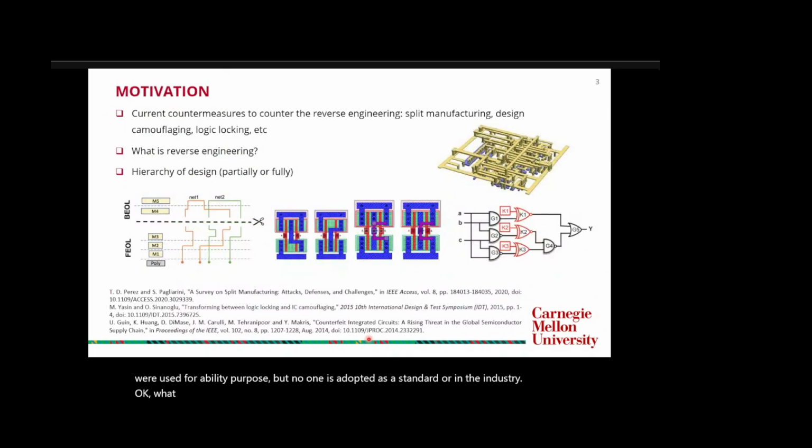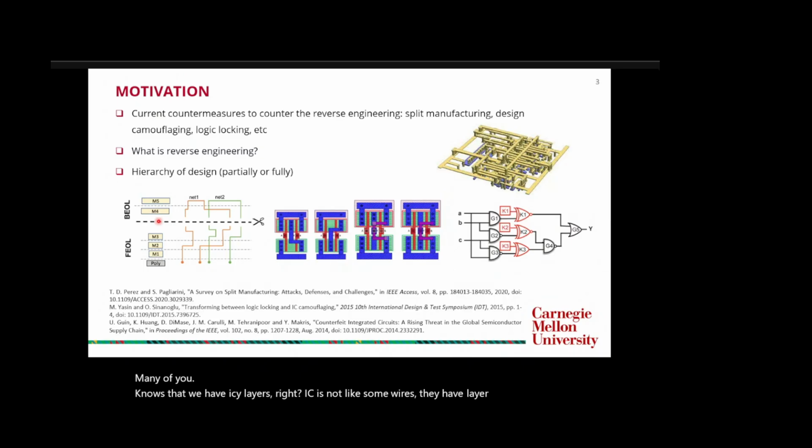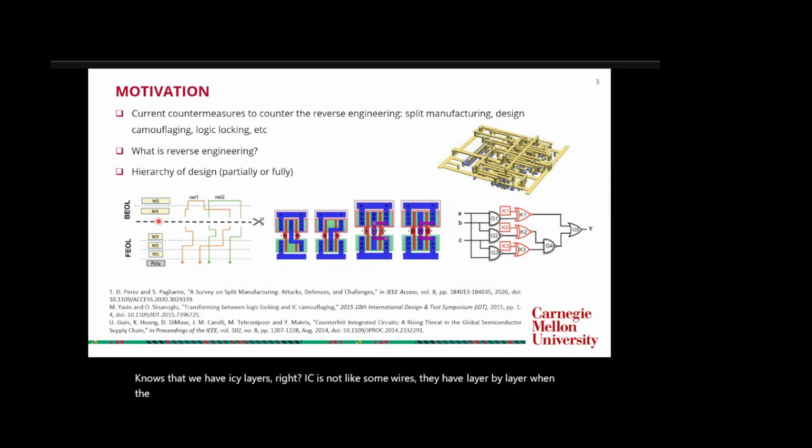What is this chiplet manufacturing, right? If you see this picture, many of you know that we have IC layers, right? An IC is not just some wires. They have layer by layer. When the lithography moves, it actually develops layer by layer.